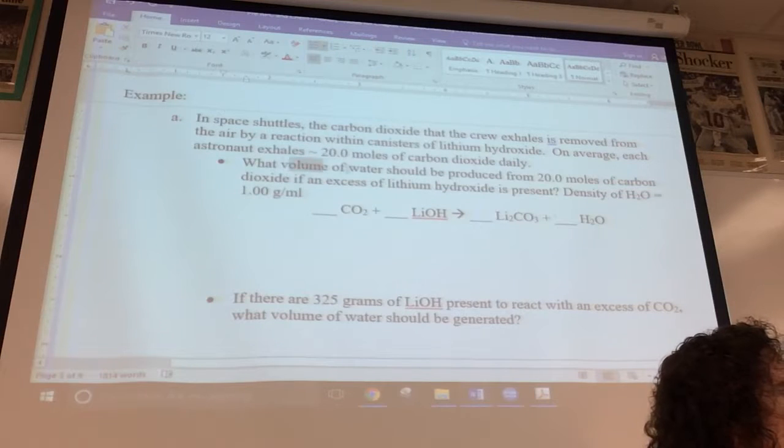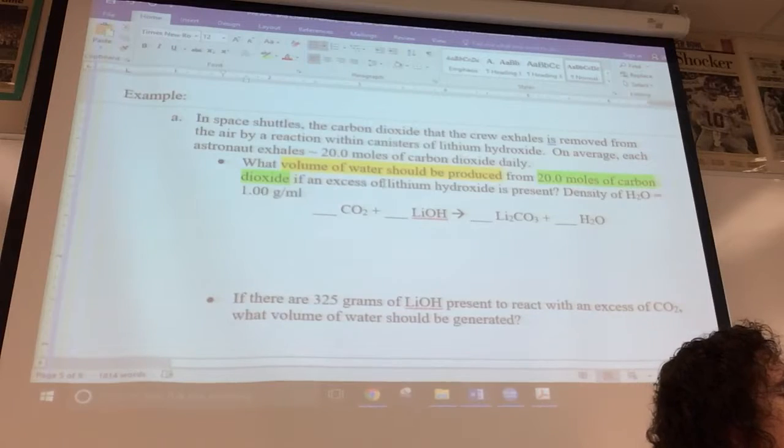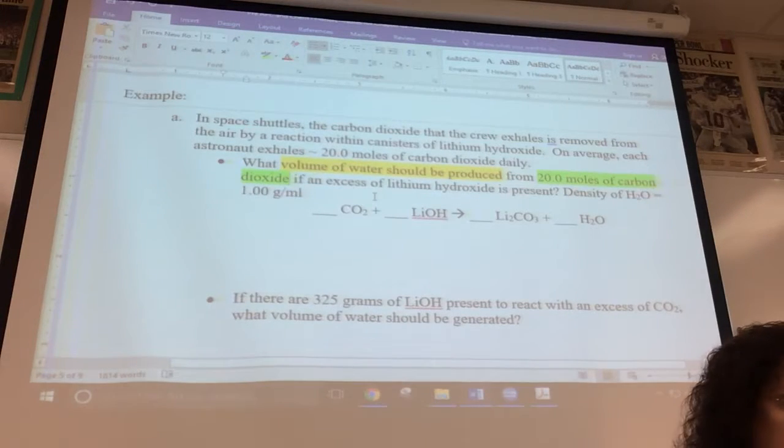So we want to know the volume of water that should be produced. That's what we're looking for. And we have 20 moles of carbon dioxide. The equation is given. I'm going to rewrite it here. And these problems are going to be very long.